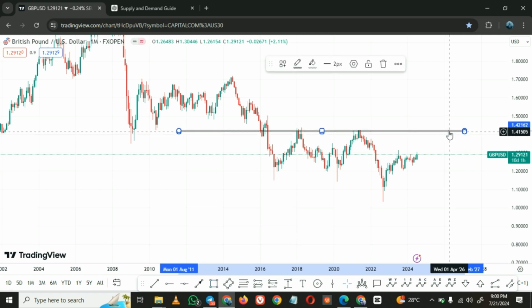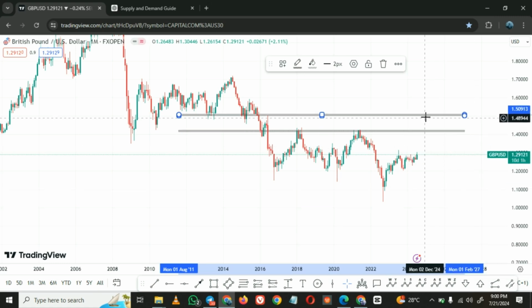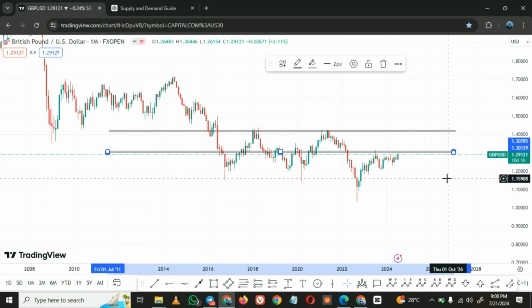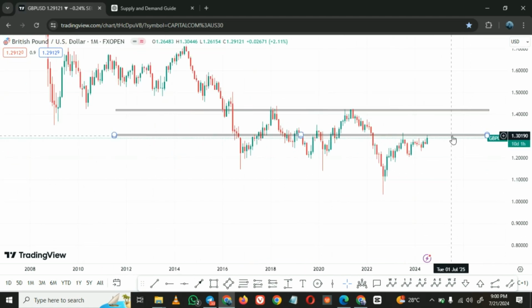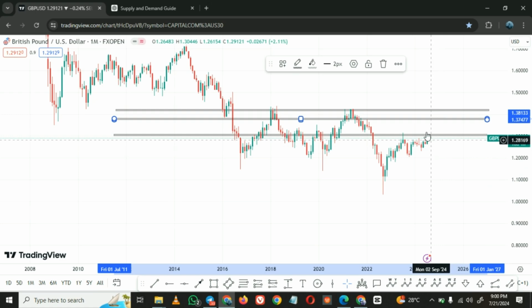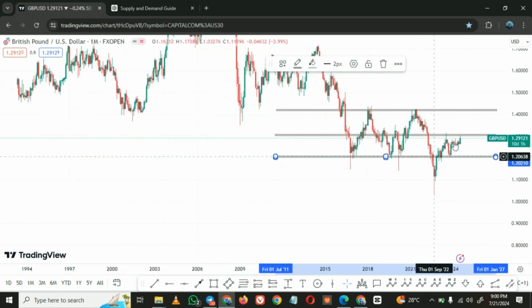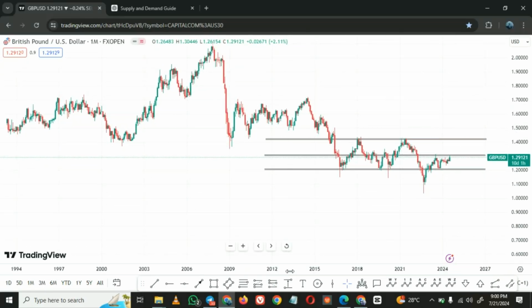You can see now this is our monthly time frame. Let me draw my key levels. These are major key zones of what is happening in the market space. These are major history price action.